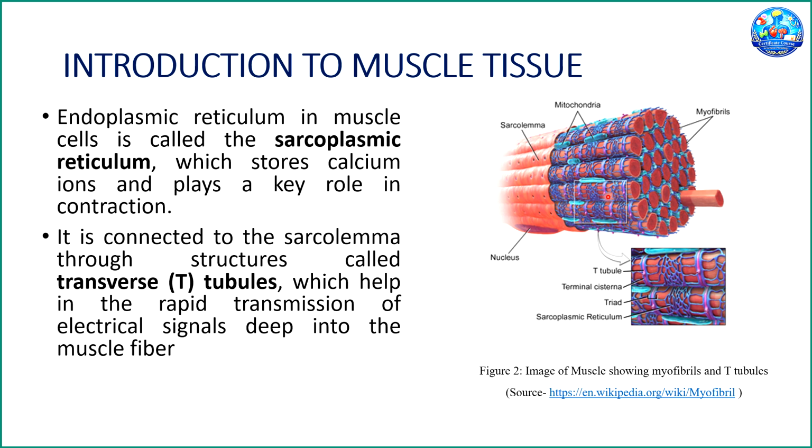The sarcoplasmic reticulum tubules are connected to the sarcolemma via what are known as T tubules, the transverse tubules. These help in rapid transmission of electrical signals. They go deep into the muscle fiber and help transfer these signals deep into the fibers.